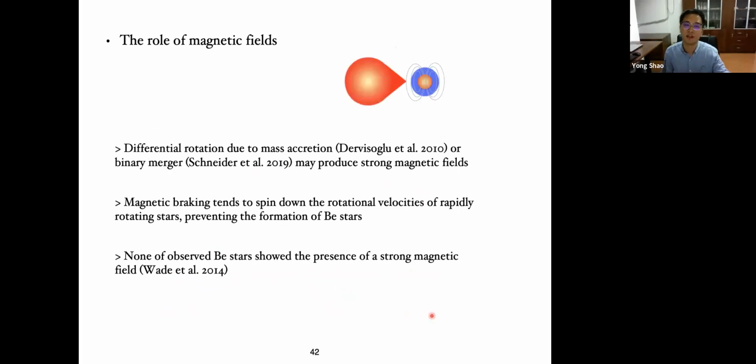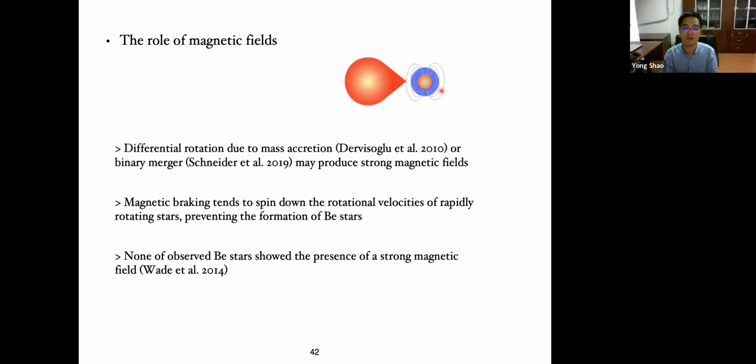Okay, here I want to stress that in our calculations we did not include the magnetic fields. It has been pointed out that differential rotation due to mass accretion or binary merger may produce stronger magnetic fields around stars.